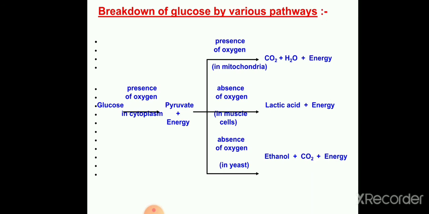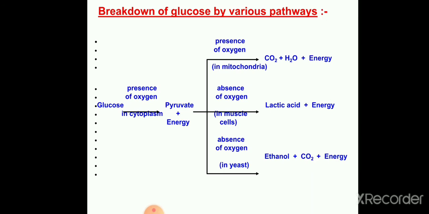In yeast there is no oxygen. In the presence of oxygen, it is done in the mitochondria, and the byproducts are carbon dioxide, water, and energy.